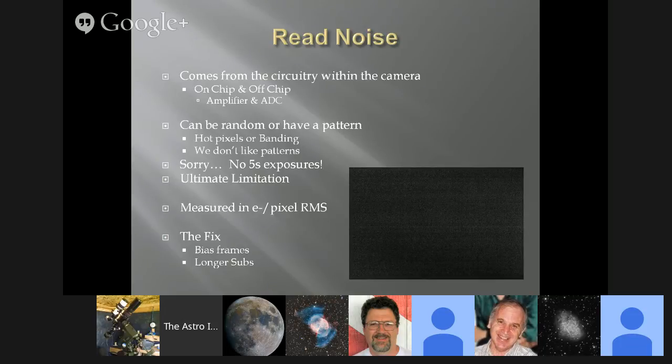But first of all, read noise comes from the circuitry within the camera. It comes from sources that are on the chip or off the chip. The amplifier and the ADC, I believe, are considered off chip, and a lot of read noise comes from them. Some of the read noise could come from the chip itself.